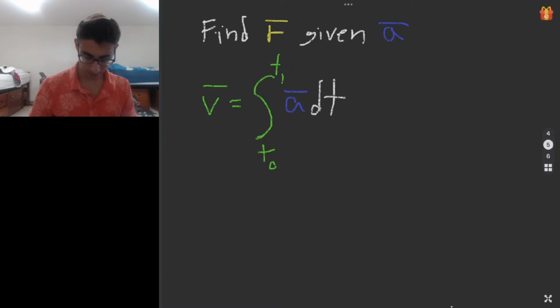Let's say that a equals t squared, because we're working with t as our variable. And a is a vector, so a equals t i hat.